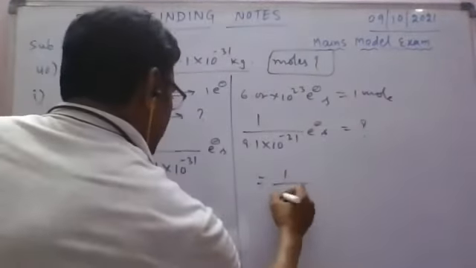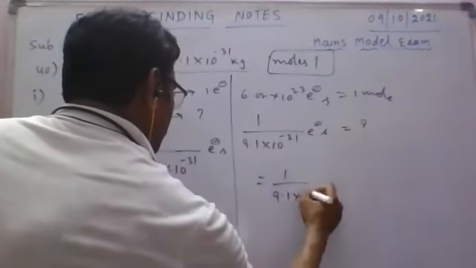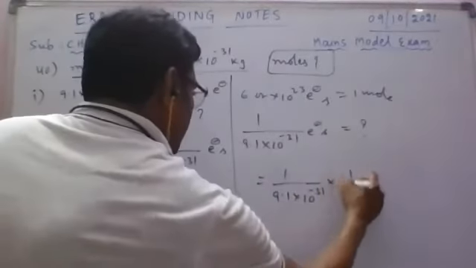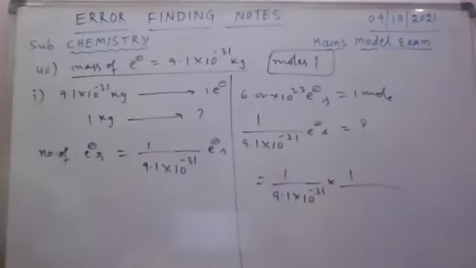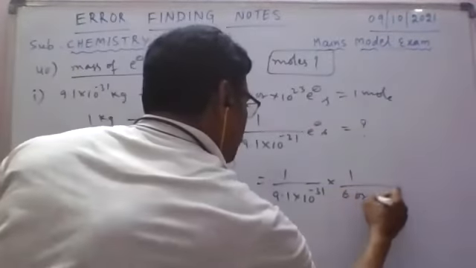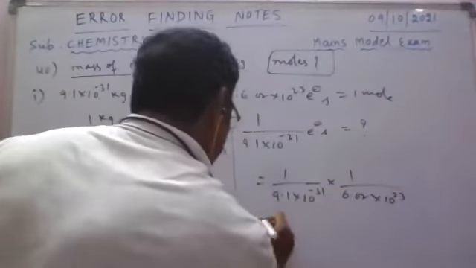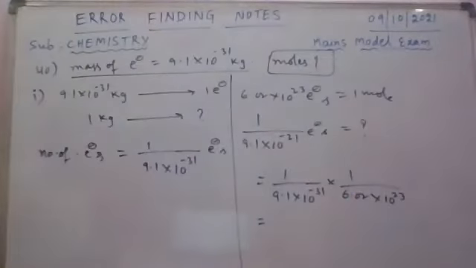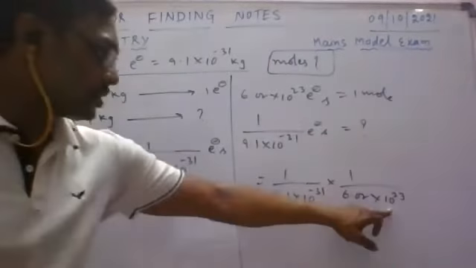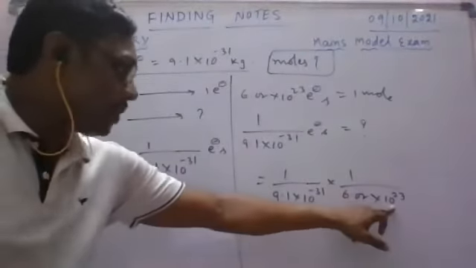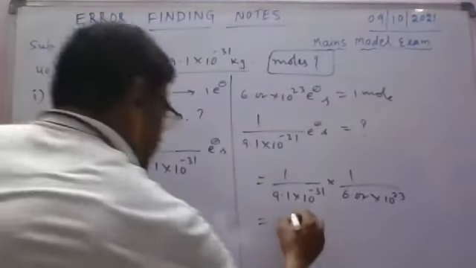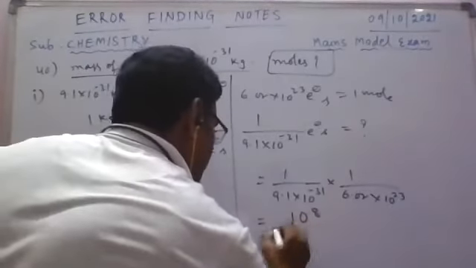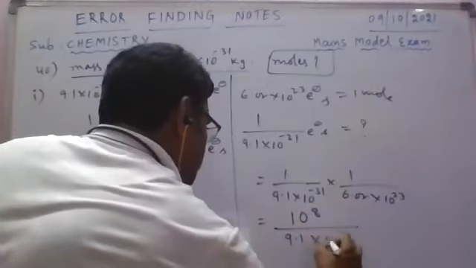Simplify: divide this value by 6.02 into 10 to the power 23. For the powers of 10, minus 31 plus 23 gives minus 8. Minus 8 comes to the numerator as plus 8. So 10 to the power plus 8 divided by 9.1 into 6.02.